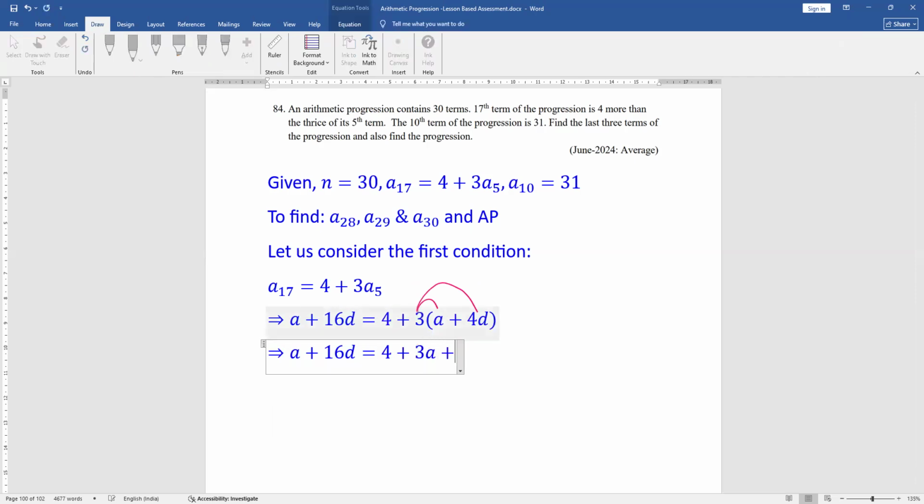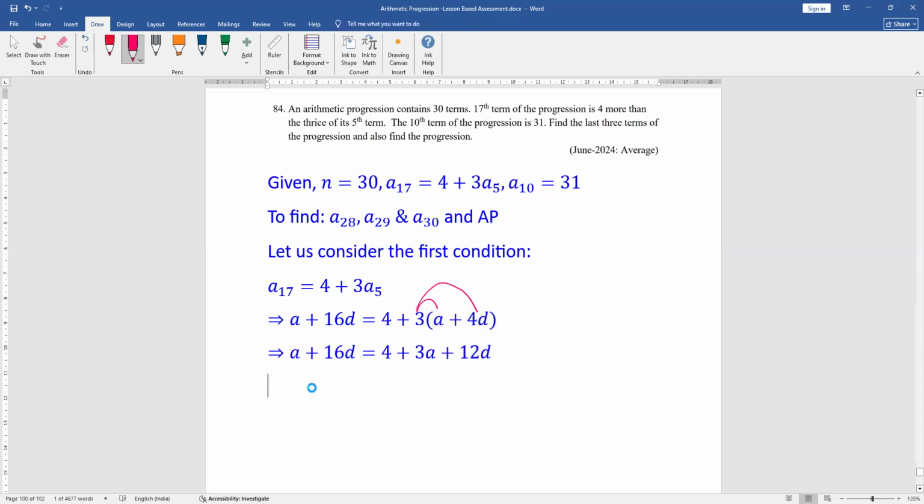So 3A plus 12D. Okay, then what we do is move all the D terms to one side and all the A terms to the other side. Here 16D is the bigger number and 12D is smaller, so I transpose this 12D to the left-hand side.